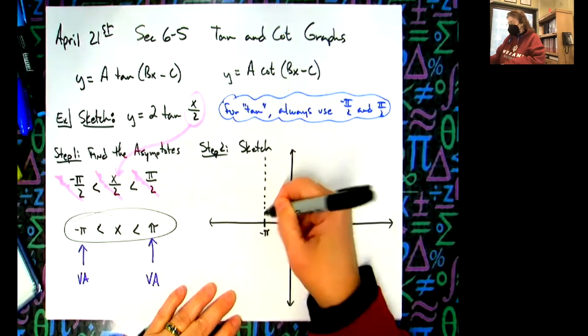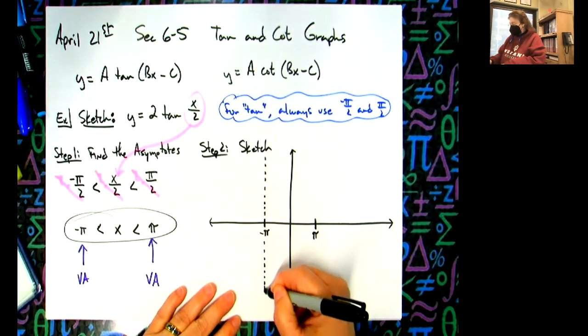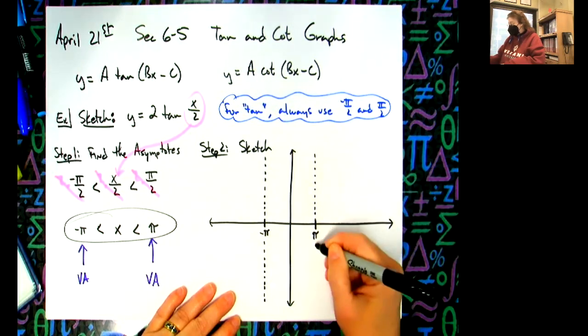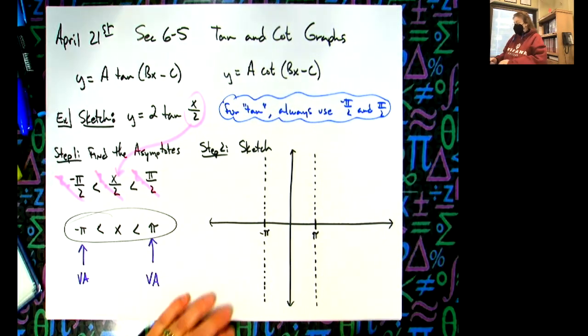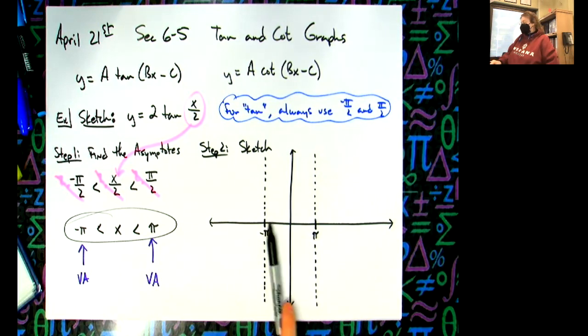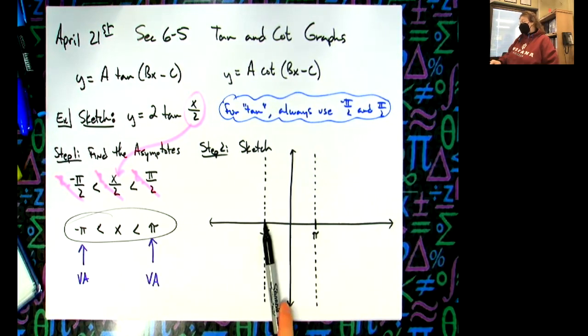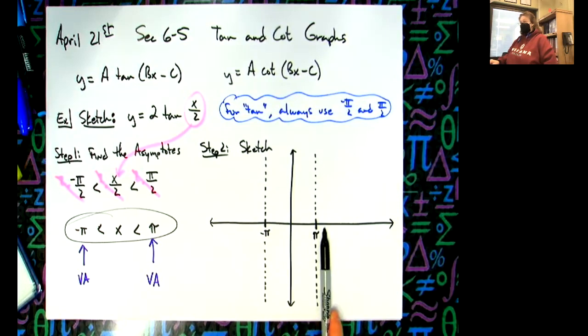I know there's a vertical asymptote there, so I put that on next. I know there's one there. Now what's the distance between here? From here to here is pi, so this whole distance is 2 pi.